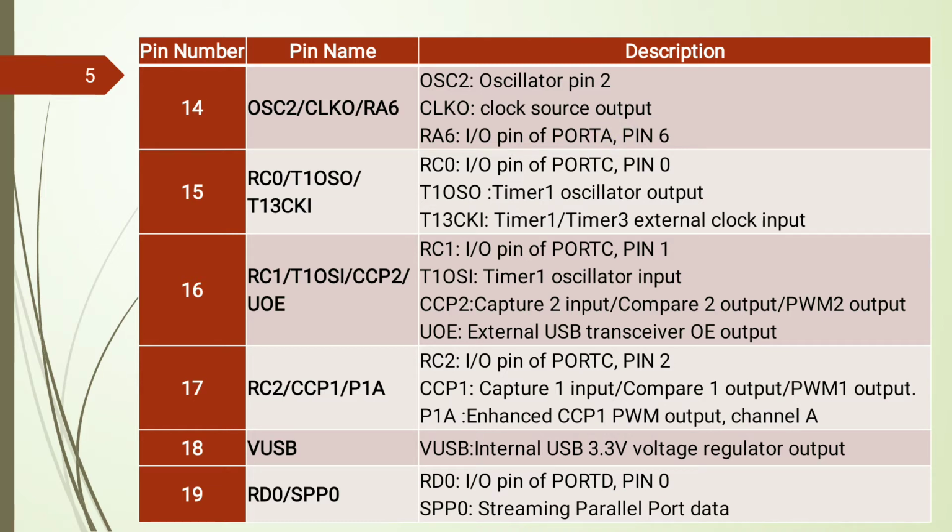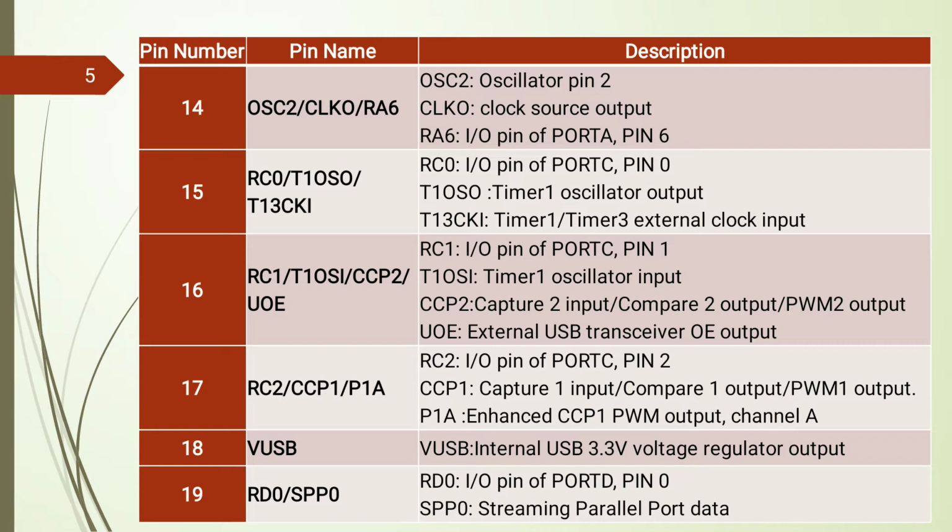After that, we see port C starting, that is RC0, RC1, RC2 and so on. The port pins of port C have IO pin as a function. Along with that, there are some timer applications, timer oscillator, timer 1 or timer 2 clock input, and so on. So port C has additional pin functions for timer applications, mostly related to capture compare purpose.